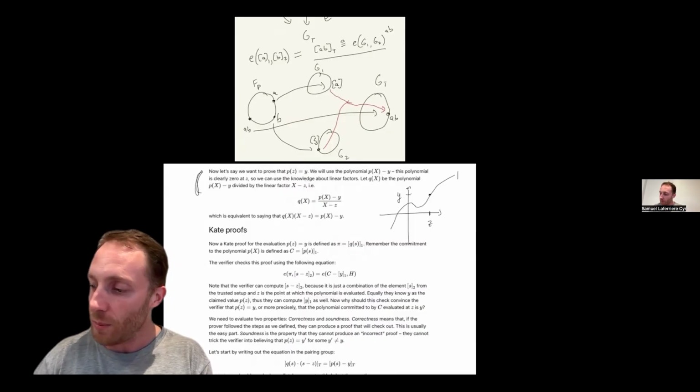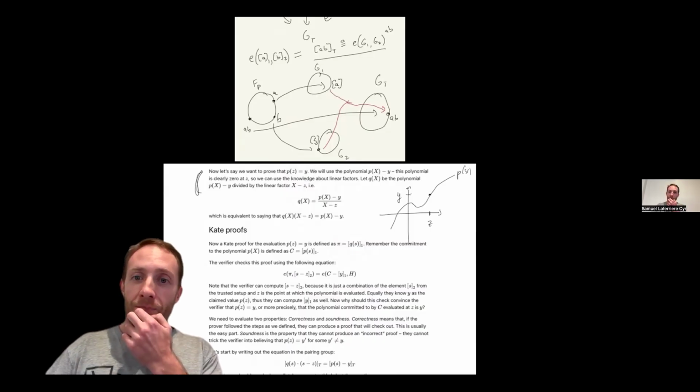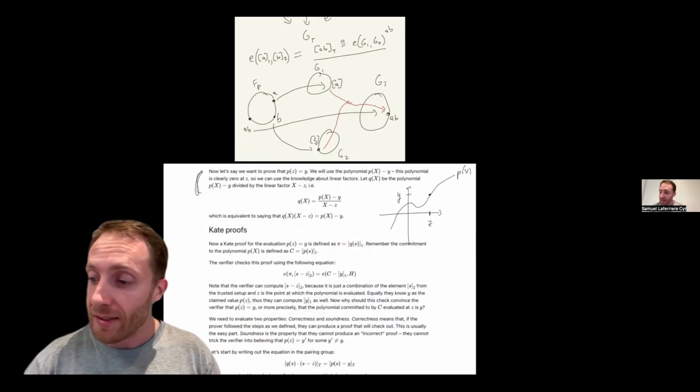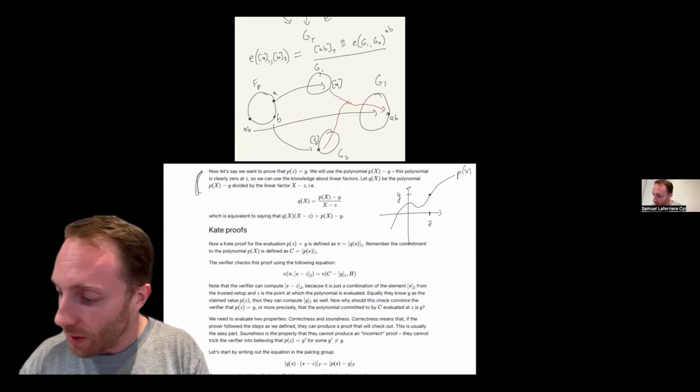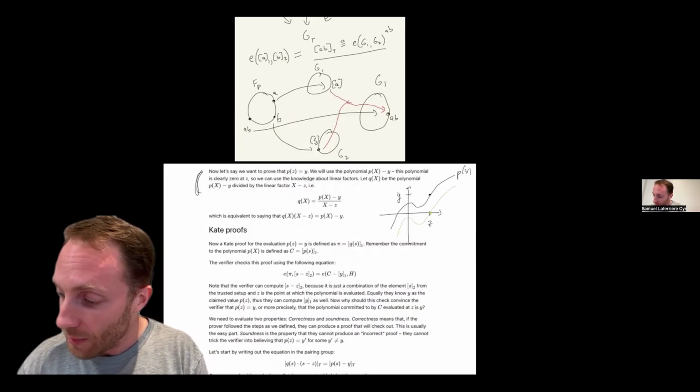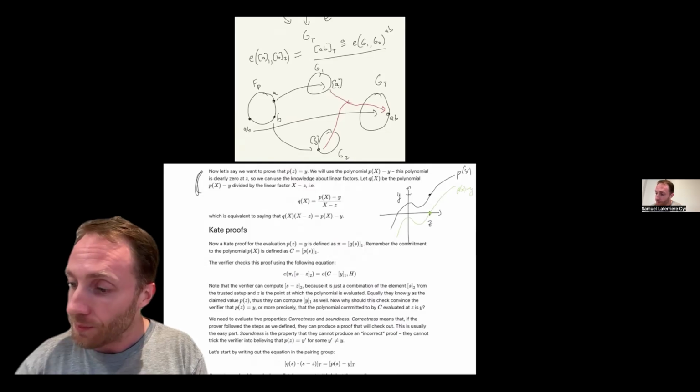Let's say this is our polynomial P of X. Now we compute P of X minus Y, which gives us this other curve which goes through zero, right? So this is P of X minus Y.